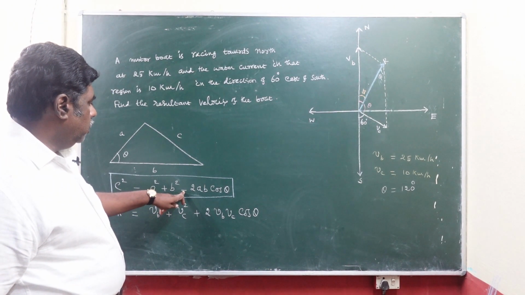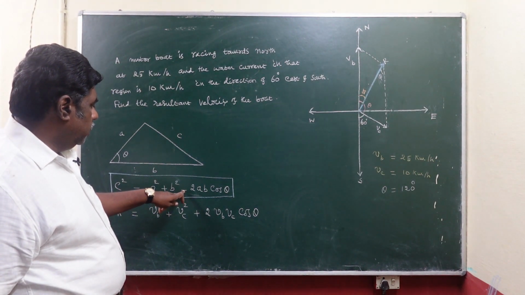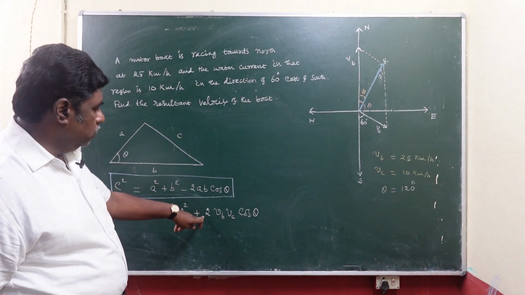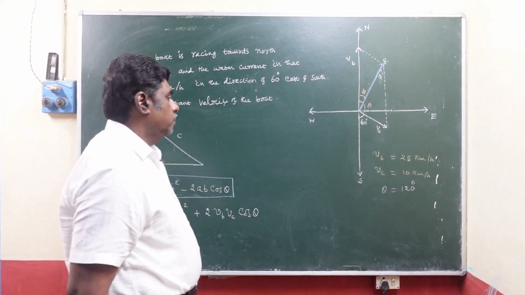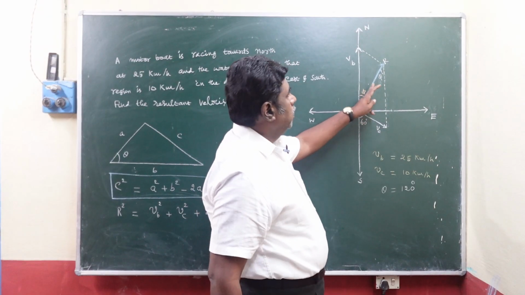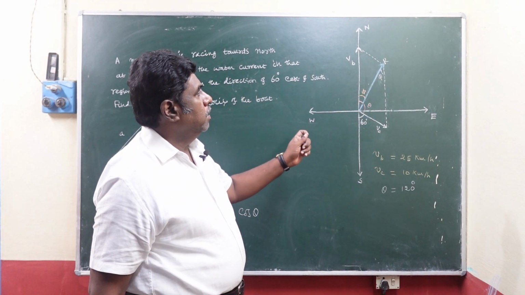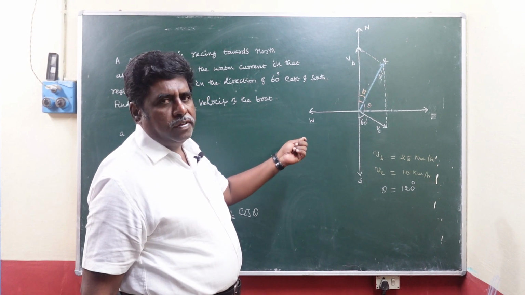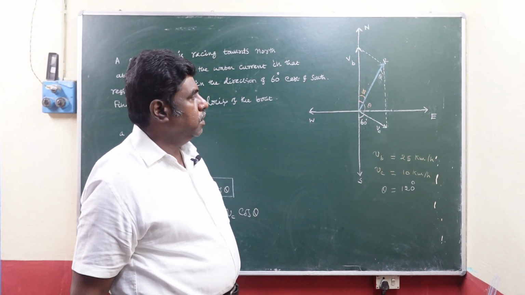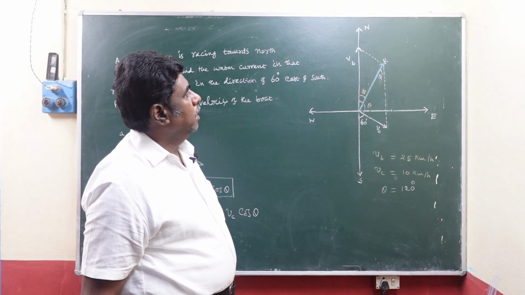Now we have to explain the reason behind the change of this negative sign into positive. In the case of a parallelogram, the sum of the adjacent angles is 180 degree.